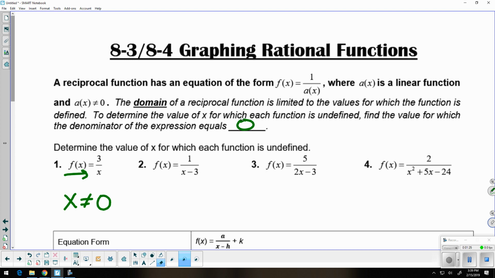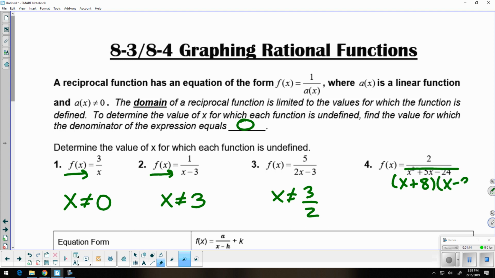So for example number 2, my one undefined value would be positive 3. For number 3, it'd be 3 halves. For number 4, the last one, we have to factor it first. That factors into x plus 8 and x minus 3, so our two undefined values would be negative 8 and positive 3.